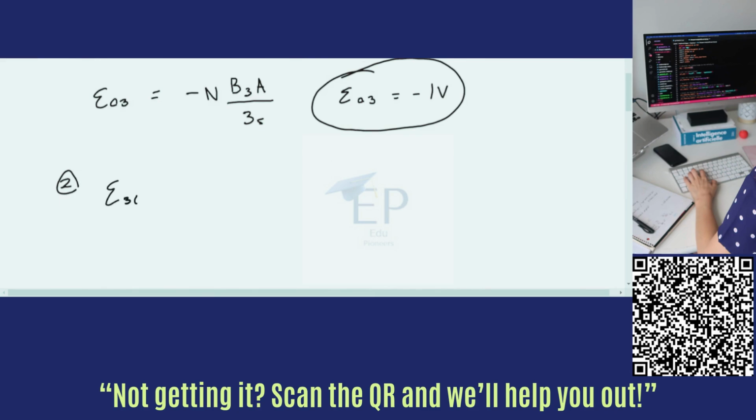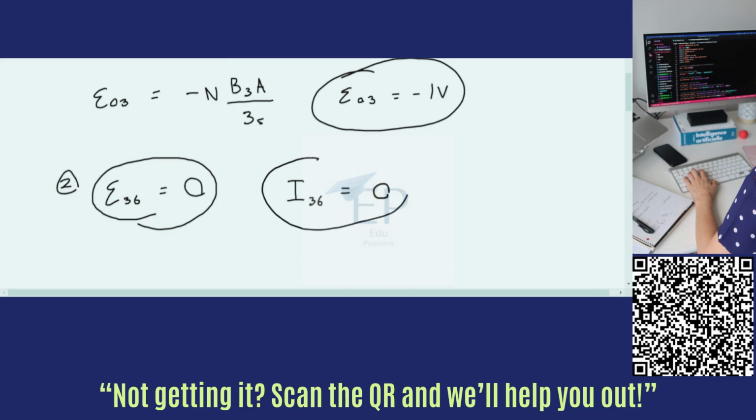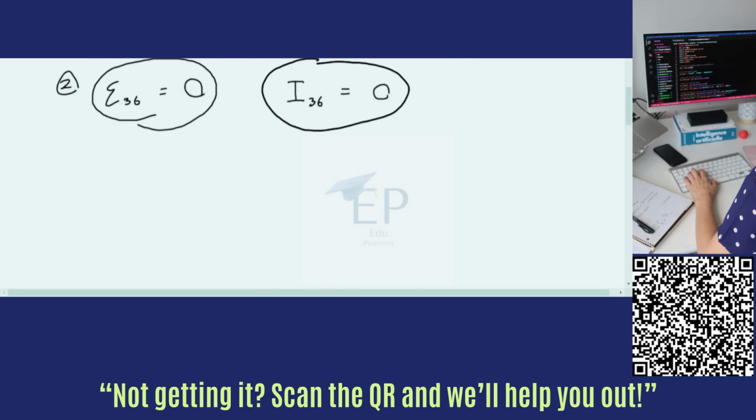So the induced EMF from 3 to 6 seconds is just 0. And similarly, I said we're also going to look into the induced currents for this problem. But since we know for this loop that there's no induced EMF, we can just get the current out of the way right now and say that there will also be no induced current, since there's no induced EMF. And we'll come back to the other currents once we find our last EMF here.